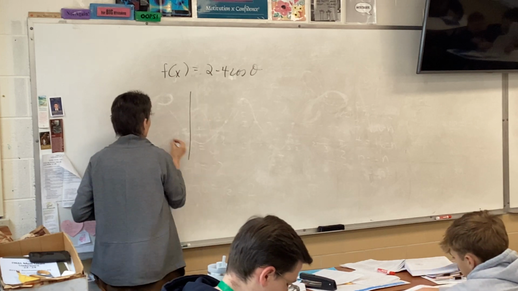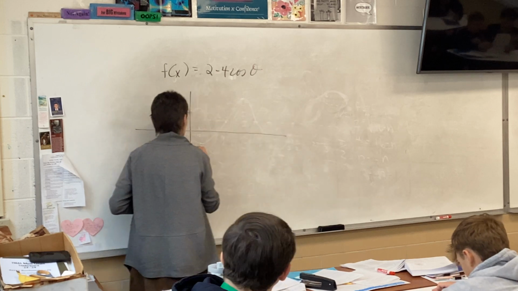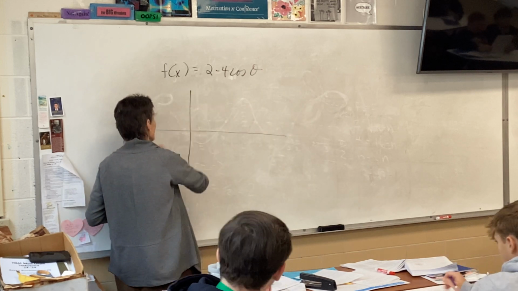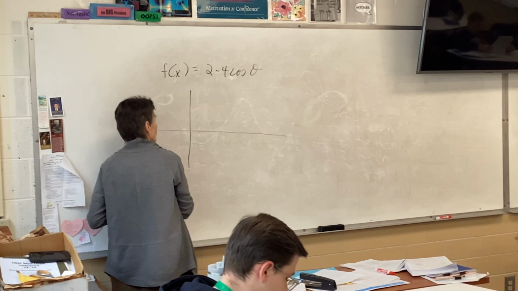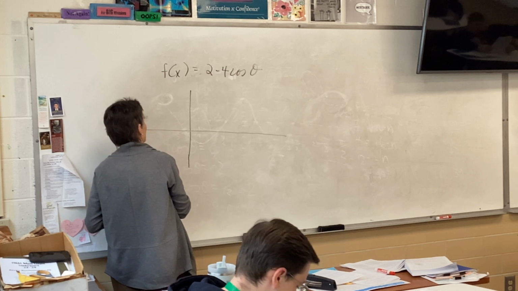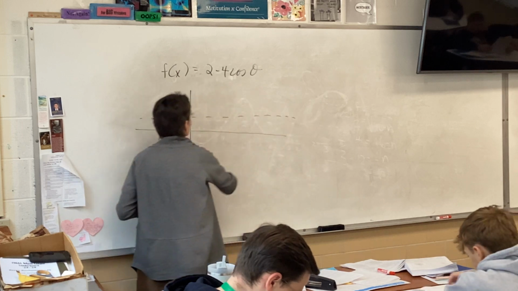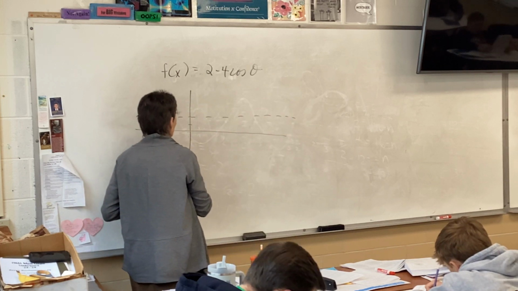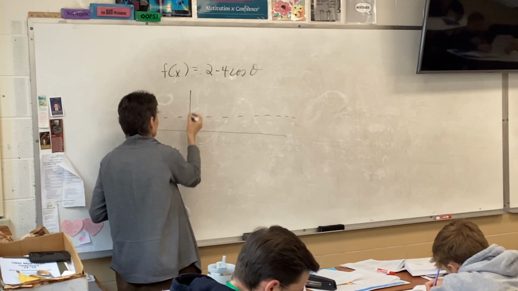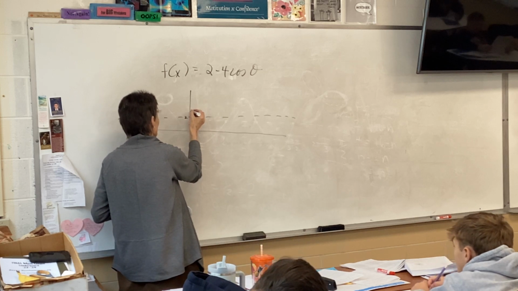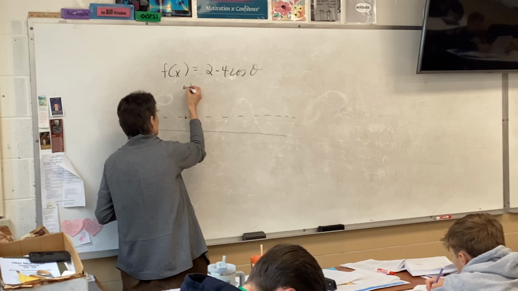Okay, why don't we graph this rectangular? You guys need to practice this, don't just copy mine down. What's our vertical shift? 2. I'm drawing my vertical shift. What's my amplitude? So that's 2. So 1, 2, 6.